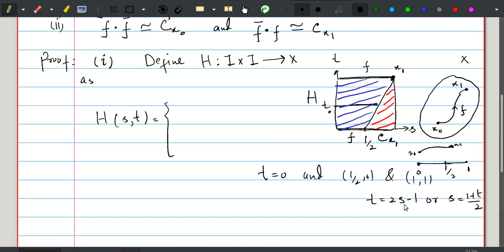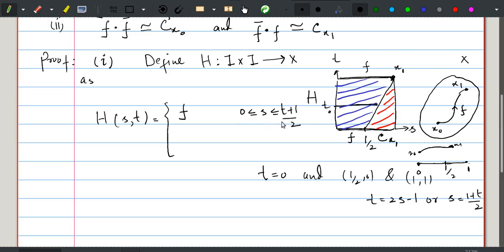So in this interval, from 0 to (1+t)/2, h travels f, that is, in the interval 0 ≤ s ≤ (t+1)/2.